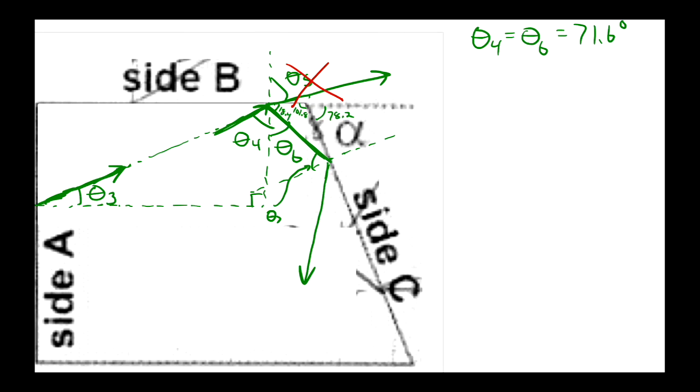Which means that now I can find this one, because I still have a triangle there. So 101.8 plus 18.4 plus whatever that angle is has to give me 180 degrees. Right? So somebody tell me what that number is. I don't feel like doing that in my head.